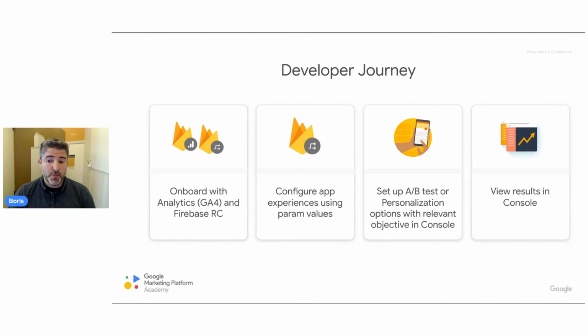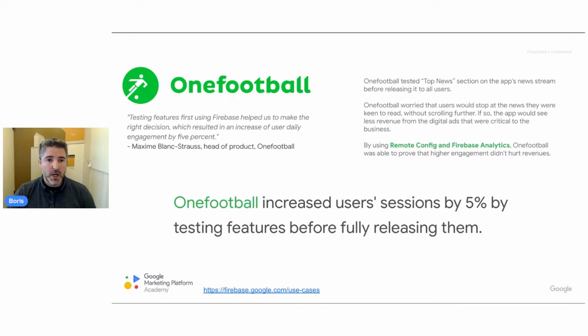Third, set up an A/B test or personalization options with a relevant objective in the Firebase console. And then after the test, view results in the console. I would like to emphasize again that the setup does not require a lot of coding. Once the remote config object is configured, the work is done mainly in the Firebase console.